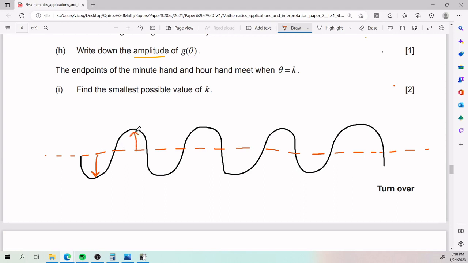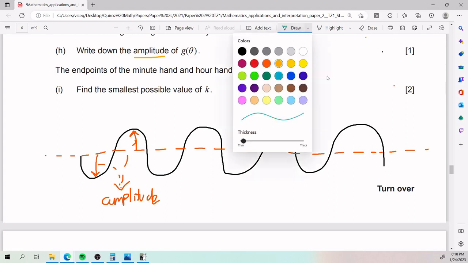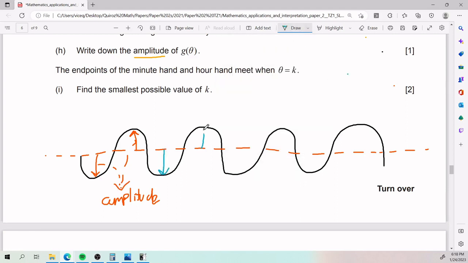So both of these orange lines that I just drew, they are both amplitudes. They are both amplitude, and that is the idea of amplitude. See? So some of the other examples could be maybe here to here, here to here, etc. It's very important that it's from the middle to a maximum. See? It's also important that these are the same value, right? They have the same distance covered.